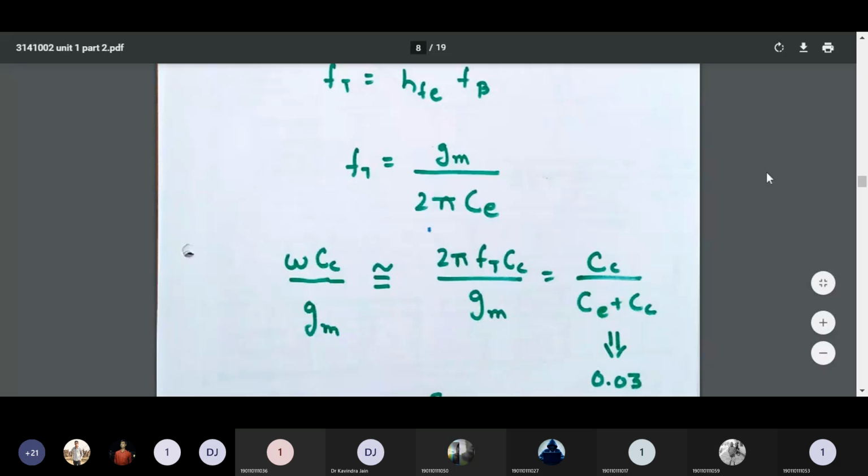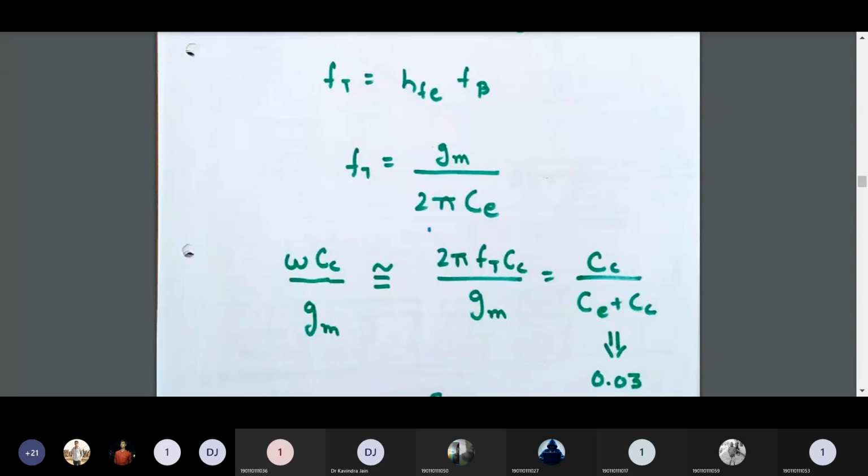Please note down the last line of this article. That is the gain bandwidth product. I repeat, the gain bandwidth product is always constant.